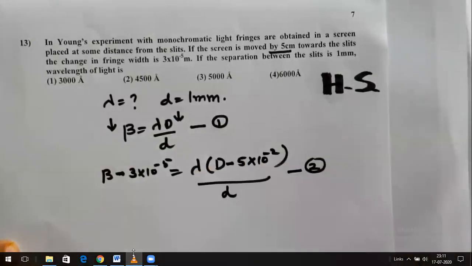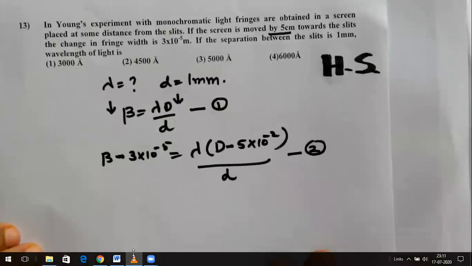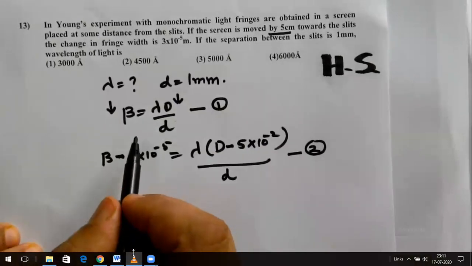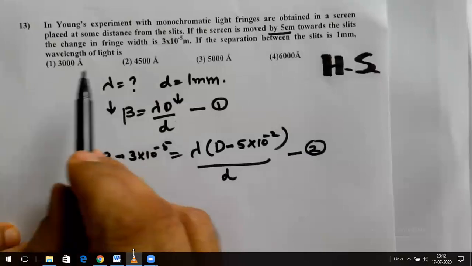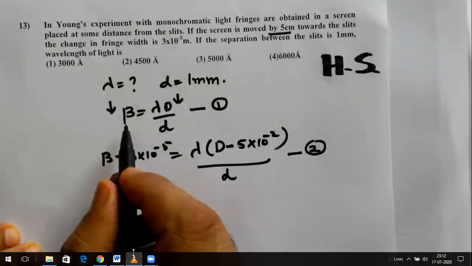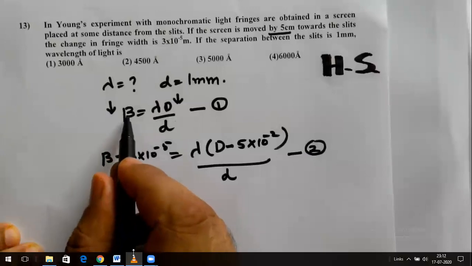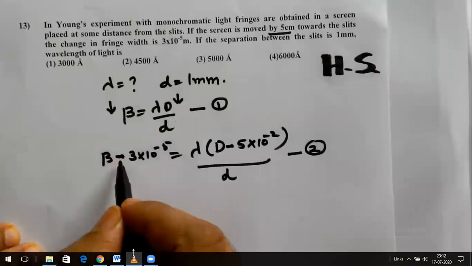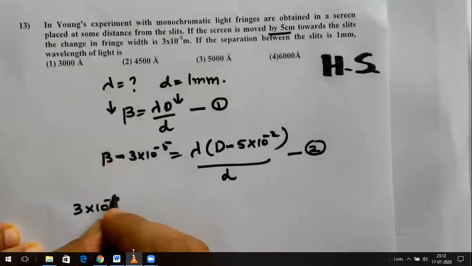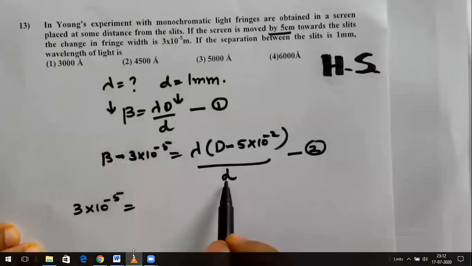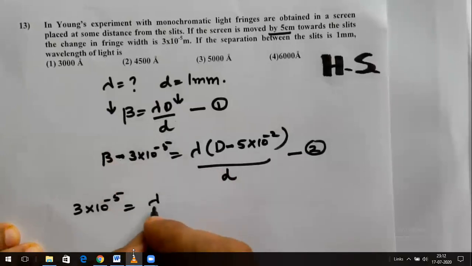We will subtract the two equations now, because if you divide it, lambda will be lost, and lambda itself is a thing which has to be calculated. So we will subtract the two equations here. Left hand side, beta minus beta, and this becomes minus of minus plus. So 3 into 10 to the power minus 5 is equal to, here lambda by d is a constant, so you can take it outside before subtracting.